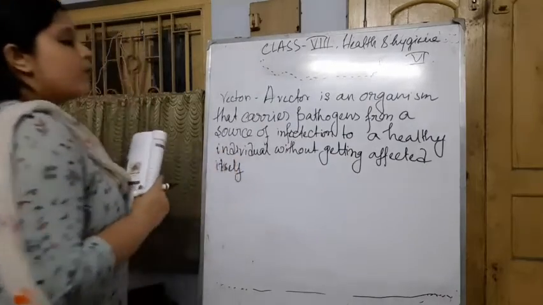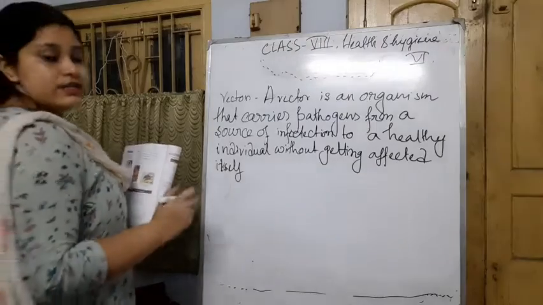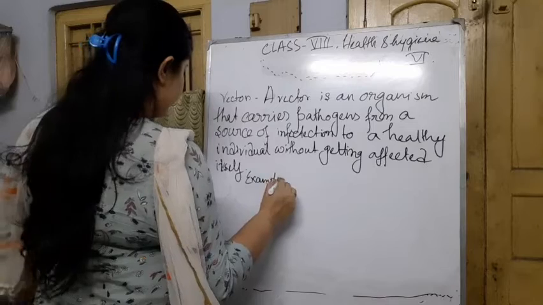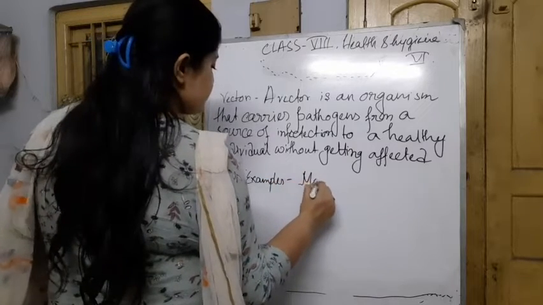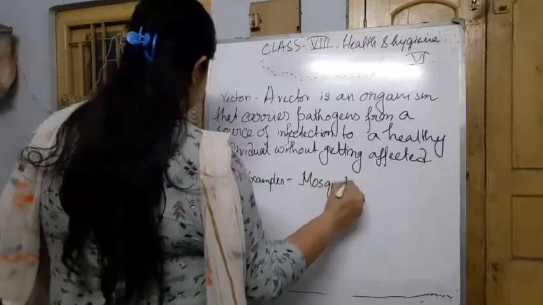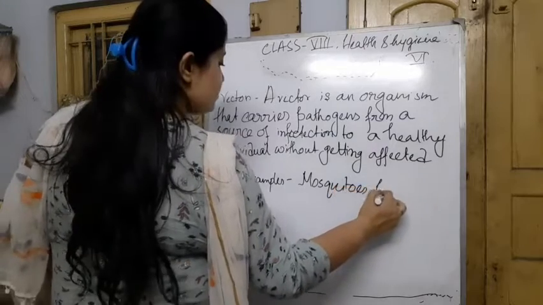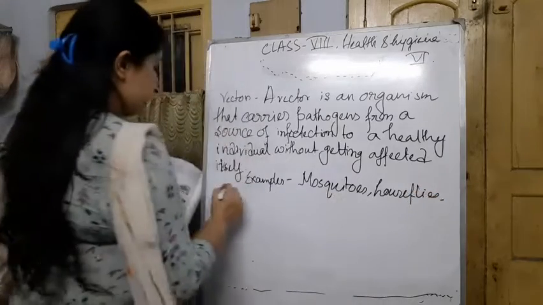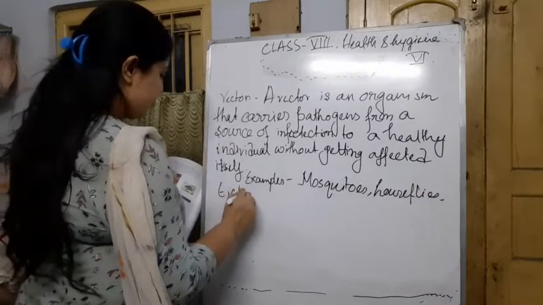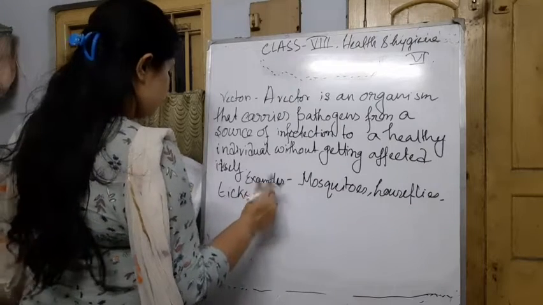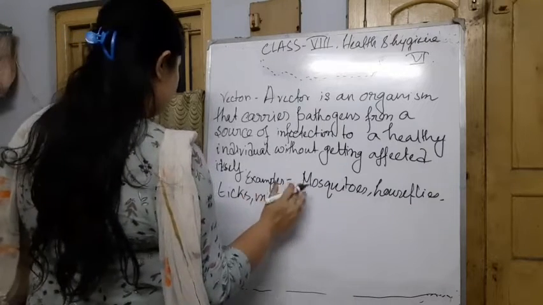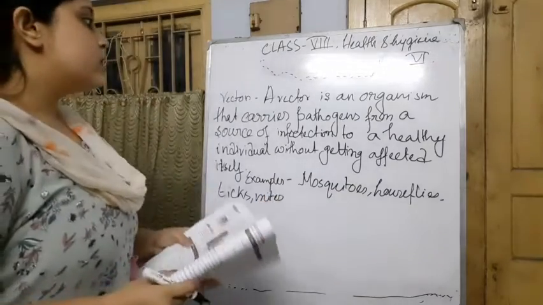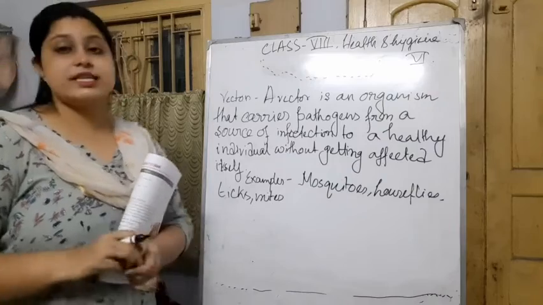What are the examples of this kind of vector? Some examples are mosquitoes, houseflies, ticks, mites, etc. Vector is an interesting term, right?